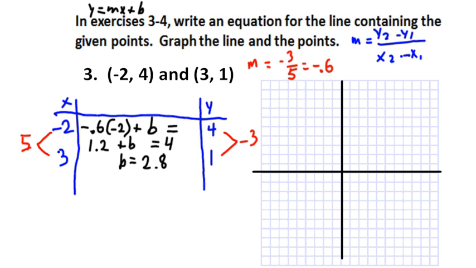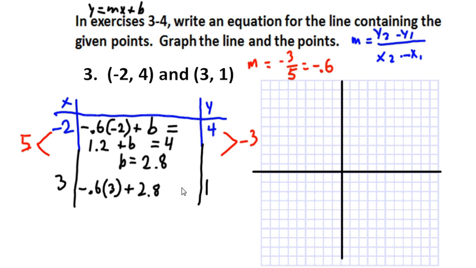And then we can go ahead and use our second point to test. I'll use some of this space down here, so I'm going to write 3, 1, down here a ways. Okay, we'll try x equals 3, y equals 1. So we're taking negative 0.6 times 3 plus b, which is 2.8. That should equal 1.